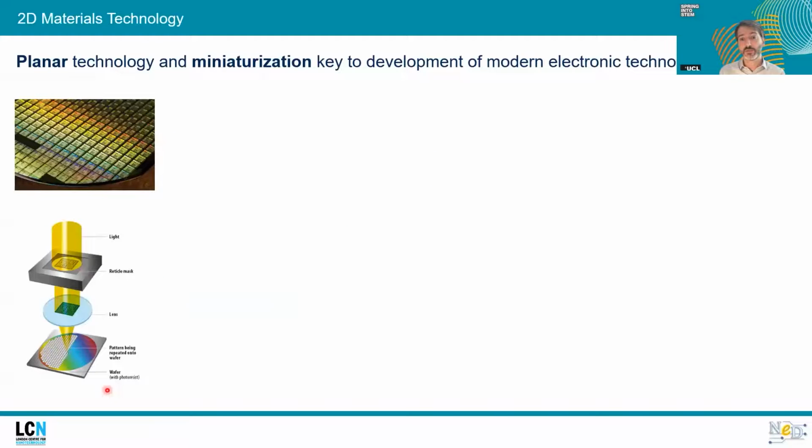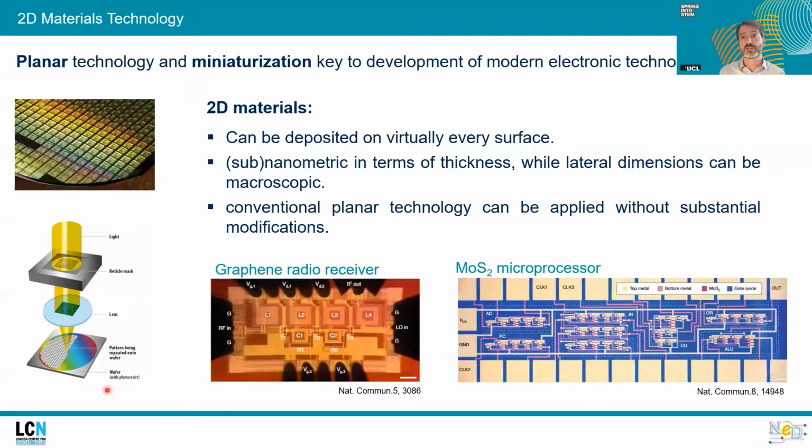And finally, in terms of technology, 2D materials are completely compatible with the so well-developed semiconductor technology. For example, graphene has been already used in integrated circuits, and so has MoS2.